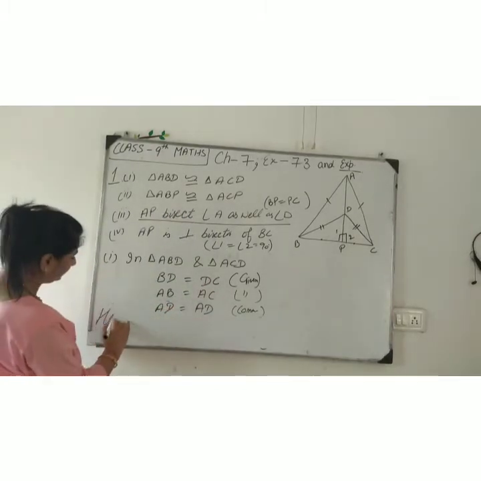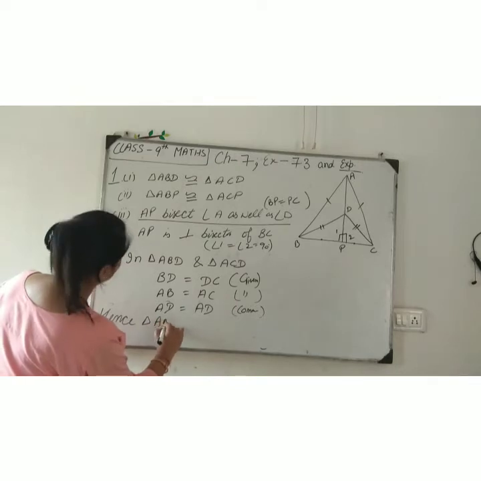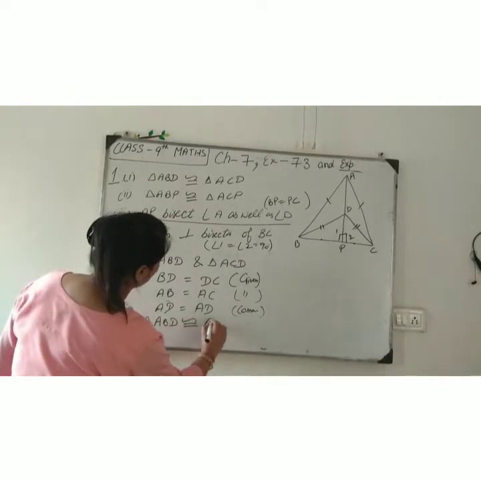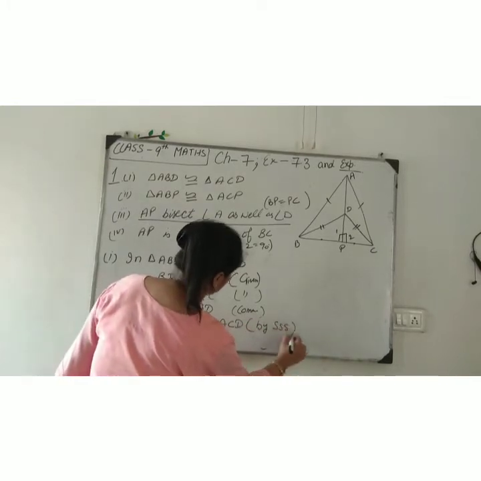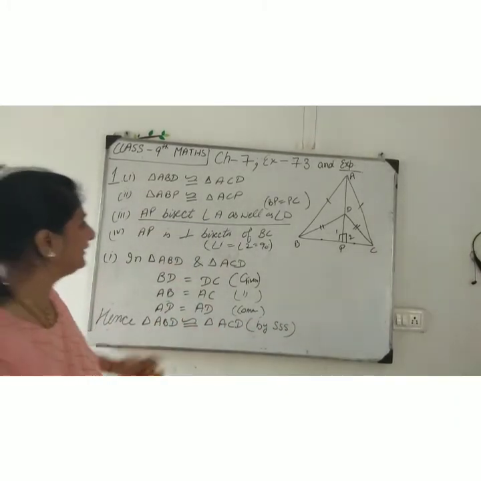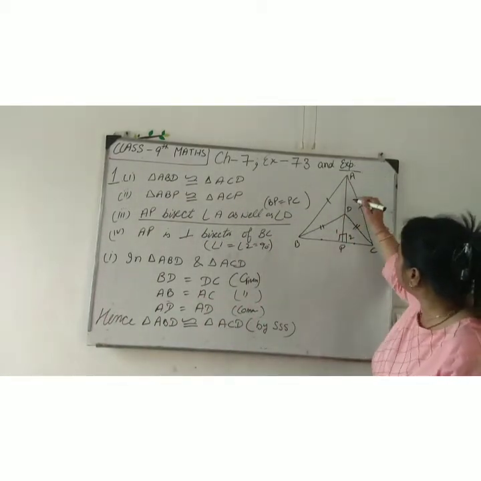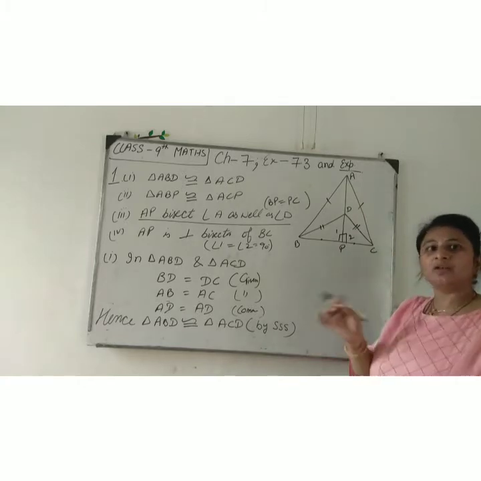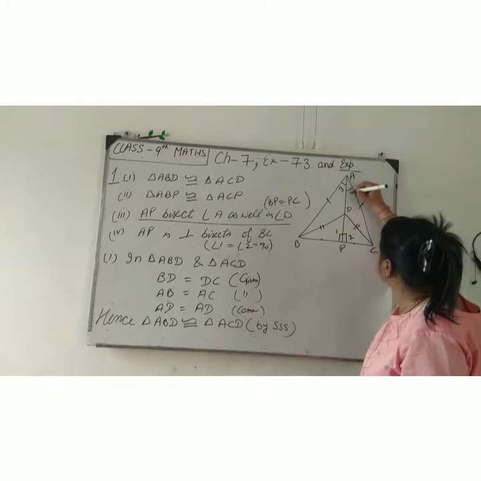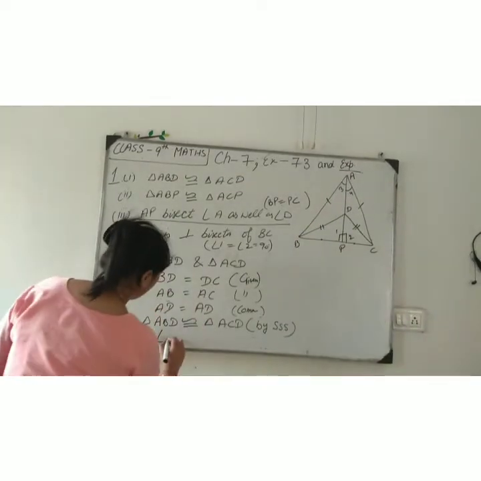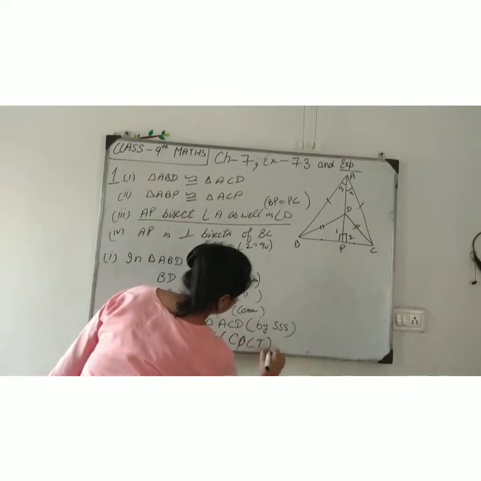So hence triangle ABD is congruent to triangle ACD by SSS. It means ABD and ACD are both congruent, so corresponding angles and corresponding sides are also equal. It means angle 3 equals angle 4 by CPCT.